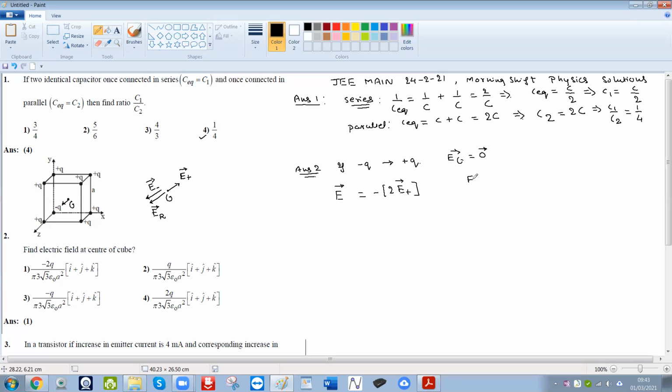So E positive basically represents field at center of cube due to plus Q charge placed at origin.